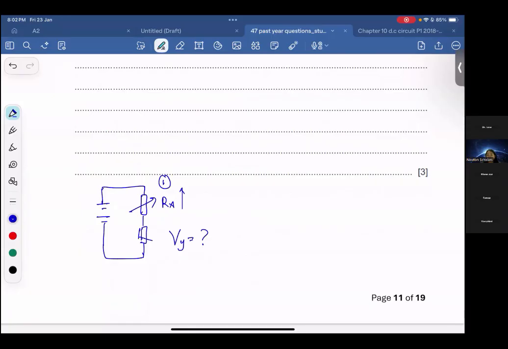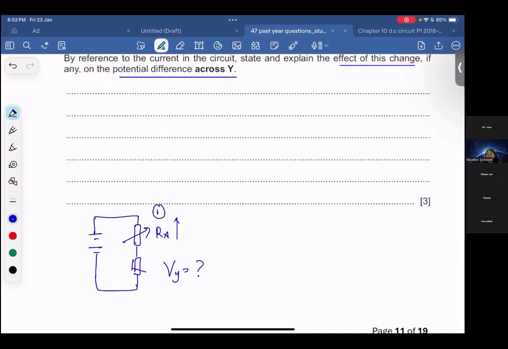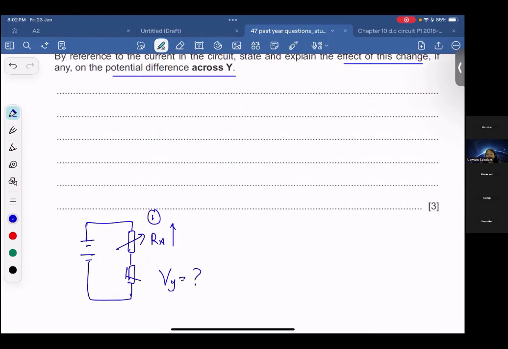3 marks. Fawal, very good. Yes, correct. Fawal, 3 marks, yes. Chong Han, you want to tell me you are going to score 3 marks? Vashini, yes, 3 marks here.